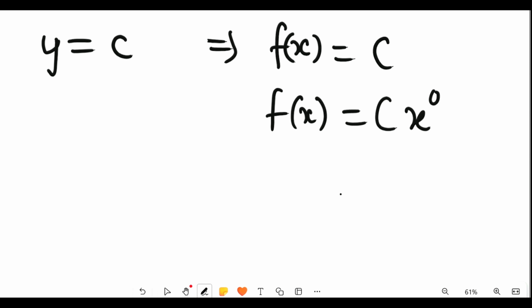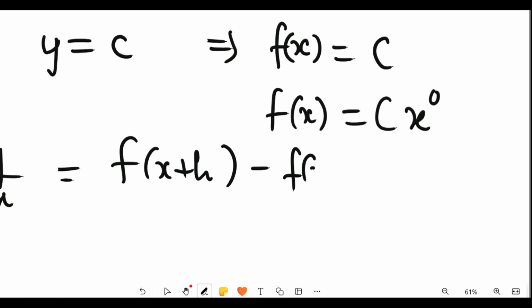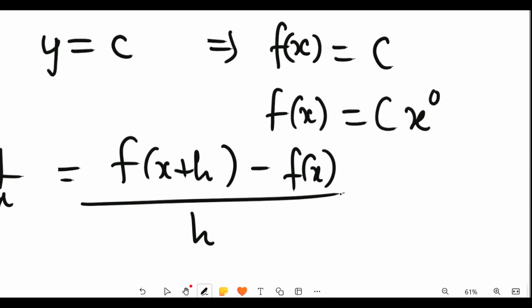All right, so this is what we'll be using to show that the derivative of any given constant is equal to 0. So let us put down the formula for finding the derivative from the first principle. So dy dx is equal to f of x plus h minus f of x, all divided by h. But I've omitted my limit, so let me bring it back. So it's equal to the limit as h approaches 0.